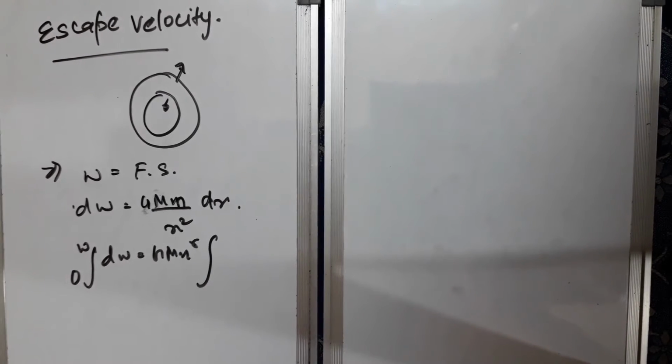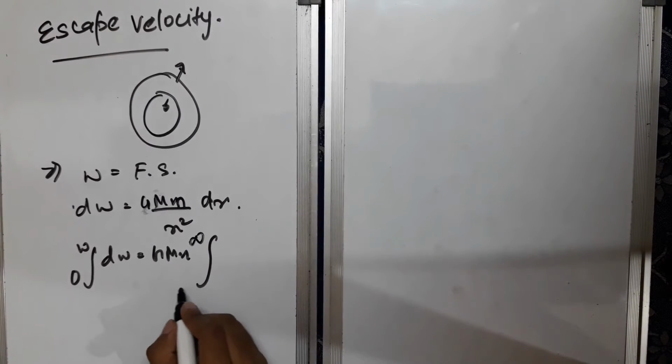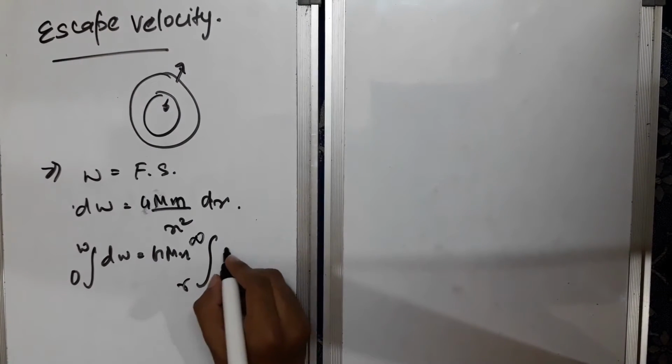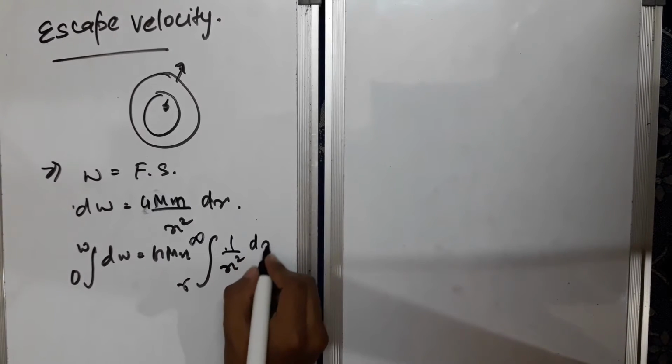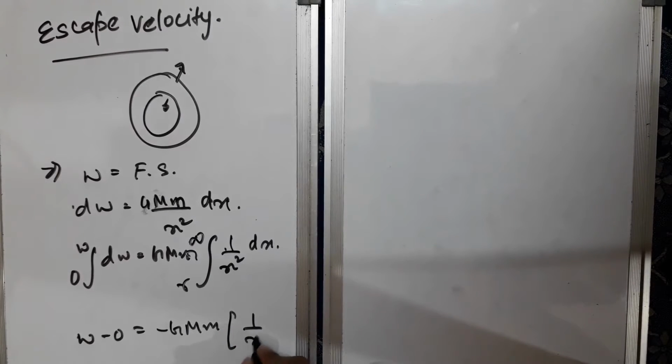Now how can we apply the limits here? We apply the limits as we have to throw the body from the earth's gravitational field to infinity. So infinity I'm writing here, and from r, which is 1 by x square dx, we will get W minus 0, as I explained how we integrate, minus GMm (1 by x) from infinity to r.